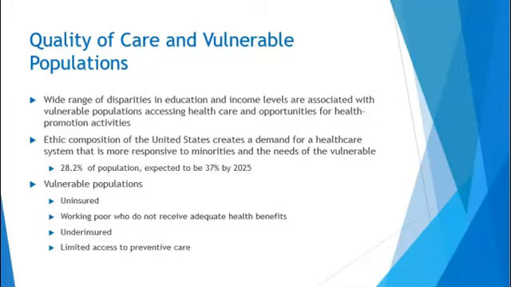So 28.2% of the population falls into this, and it's expected by 2025, this year, that that's actually going to increase to 37%. So vulnerable populations include the uninsured, the working poor who do not receive adequate health benefits, the underinsured, and those with limited access to preventative care.